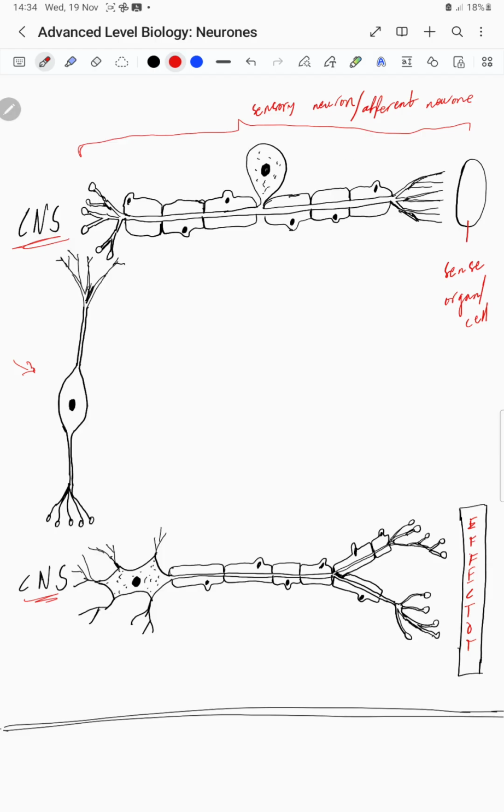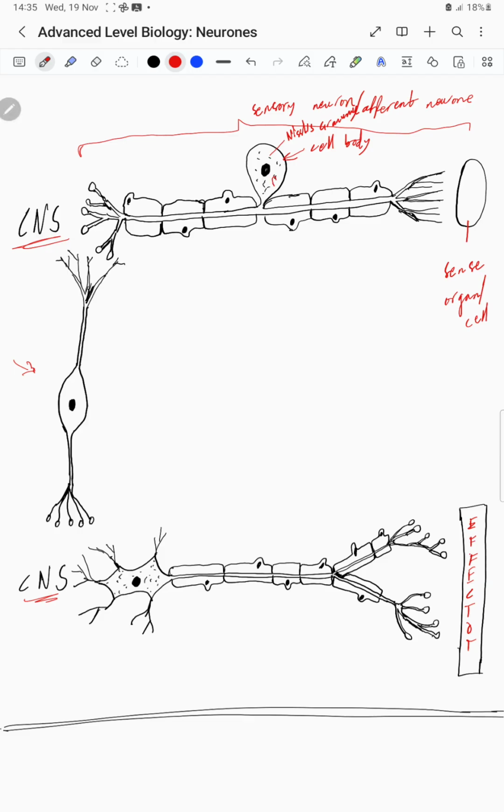So this is the cell body from our general structure. In the cell body we have Nissl granules, and we also have the organelles.